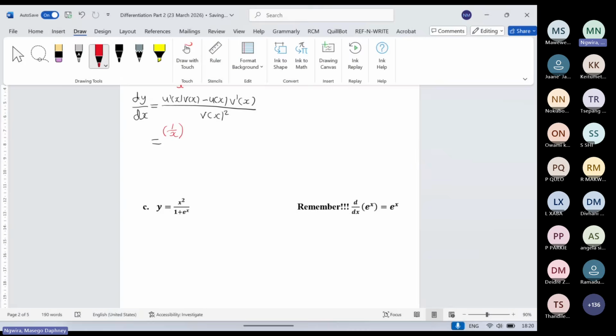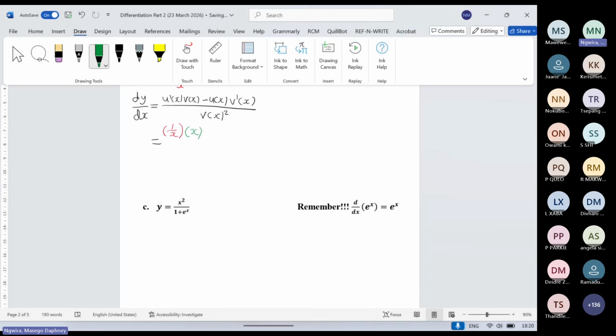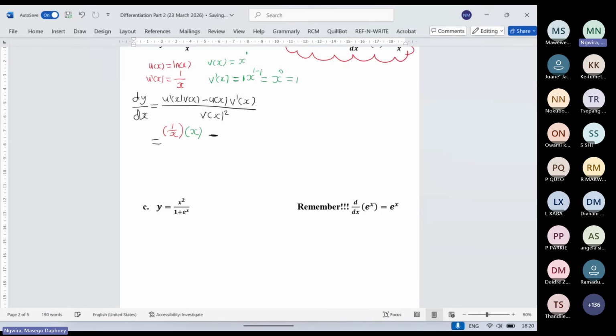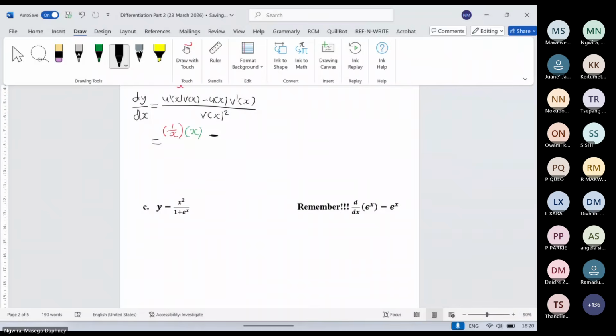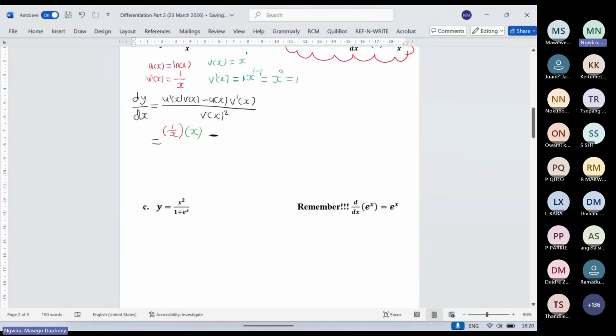All right. Then this times v of x is x. So this is x. And then minus, and then now my u of x. My u of x is ln x, ln x.